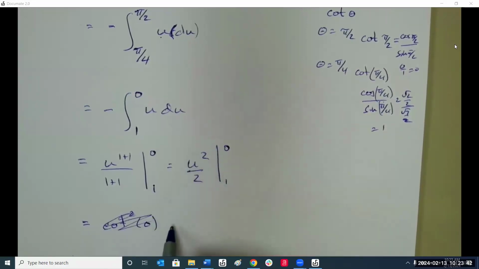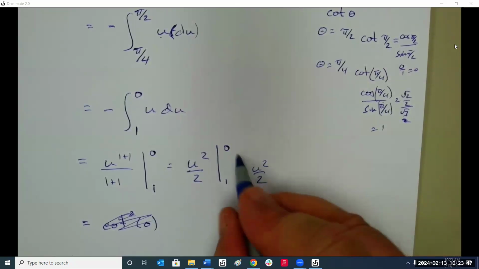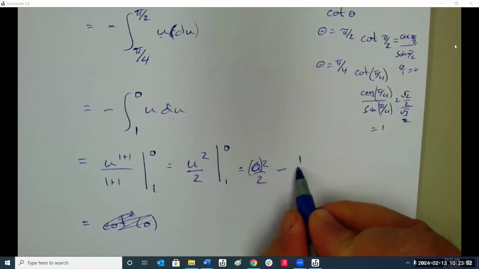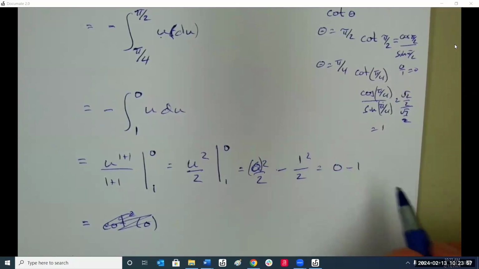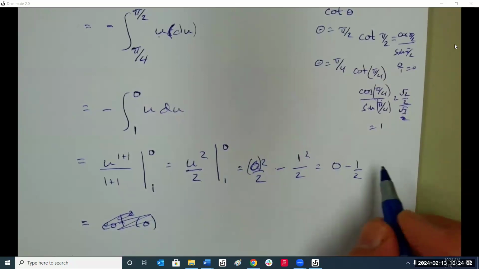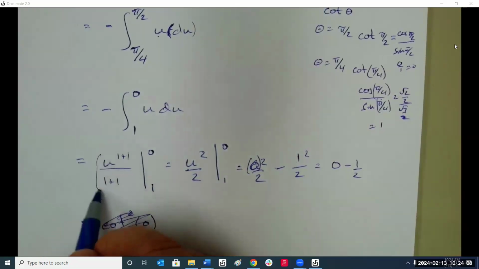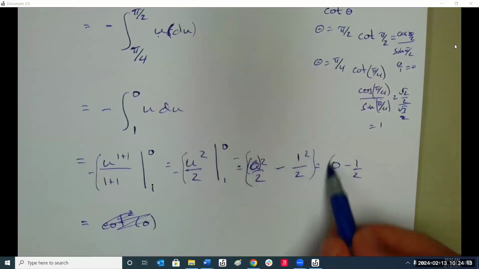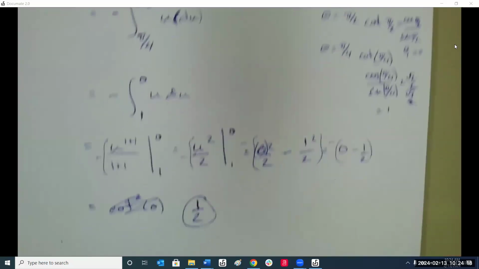We have u squared where u is 0, so it's 0 squared minus 1 squared, over 2. So it's 0 minus 1/2. The negative is still out front. So the answer is positive 1/2.